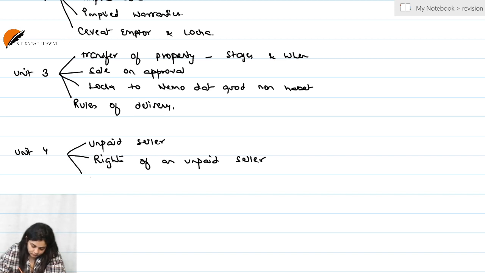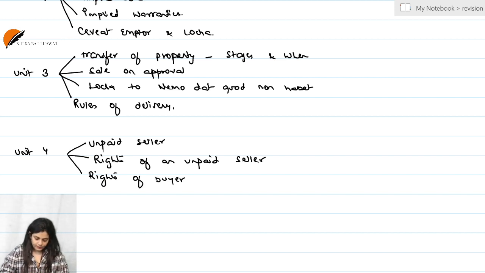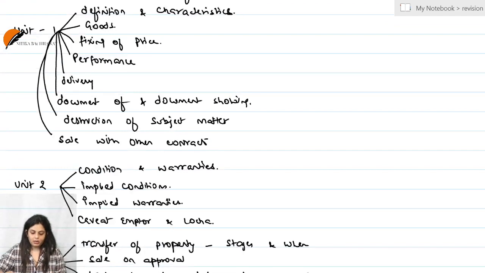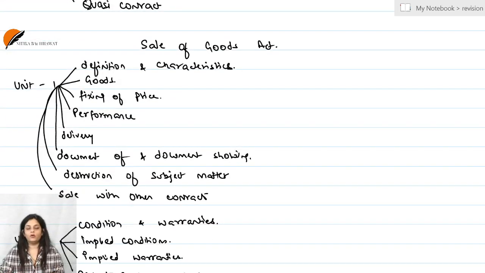Then rights of a buyer in case the seller breaches the contract. And finally, the rules relating to auction sale. So this is the whole bird's eye view or recap of the topics of the Sale of Goods Act.